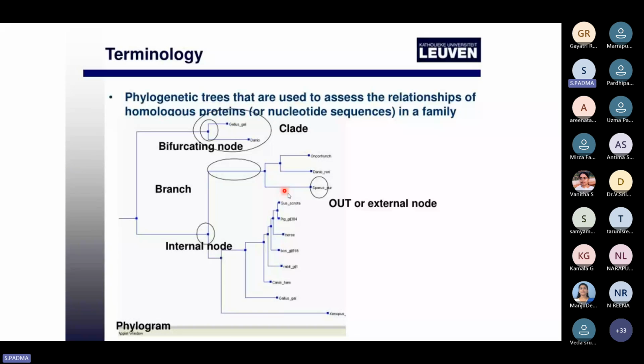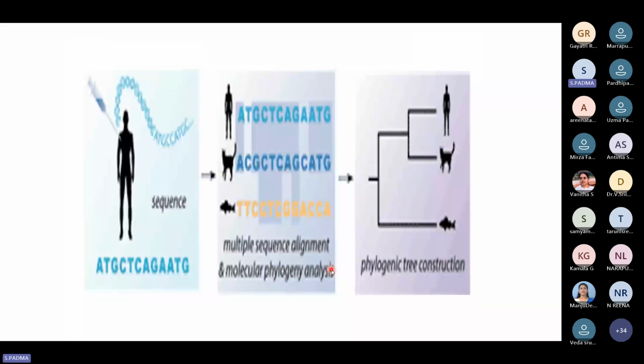And this particular one which ends is a terminal node or external node. The difference between this and these two species is that this one is completely away, like the fish in the example I showed you in the slide. The fish is completely away. So this particular node is called an external node.